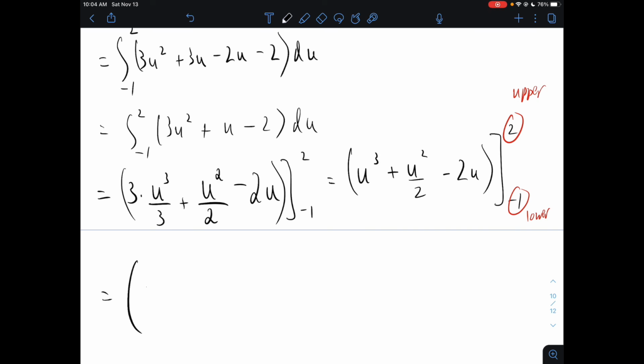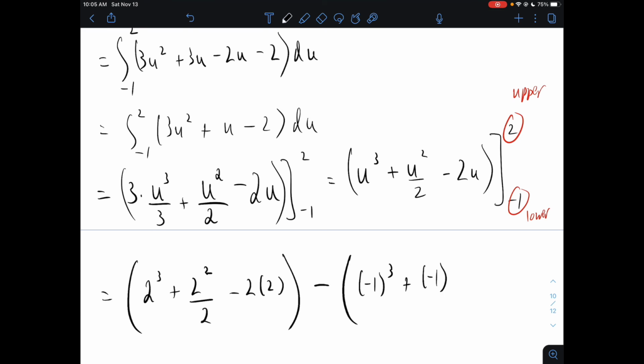So I'd have 2 to the third power plus 2 squared divided by 2 minus 2 times 2. And then I have to subtract when I plug in my lower limit, which would be -1 to the third power plus -1 squared divided by 2 minus 2 times -1. Don't forget parentheses, especially with negatives.